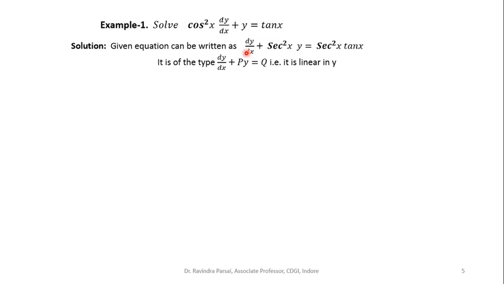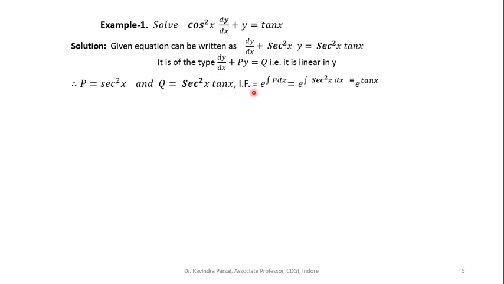On comparing with our standard form dy/dx + P y = Q, it is linear in y. Therefore, comparing with this standard form, you get P as cosec x, the coefficient of the dependent variable y, and Q as the terms that are a function of the independent variable on the right hand side of the given equation, cosec x tan x.